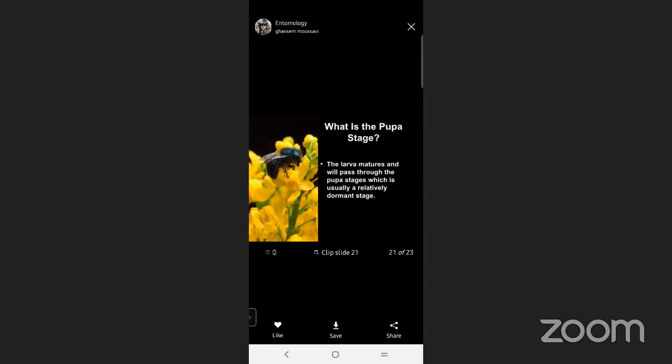Whatever comes out from the egg we call a maggot, and the maggot goes to the larva form. After the 5th instar is complete, it goes to the enclosure part, the pupa. The larva matures and passes through the pupa stage, which is a relatively dormant stage where it encloses itself in a shell-like structure. We call that stage the pupa stage.